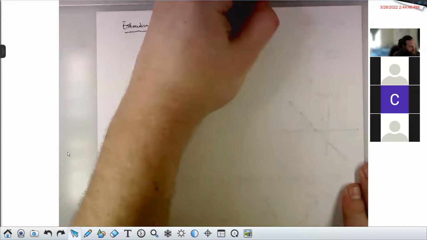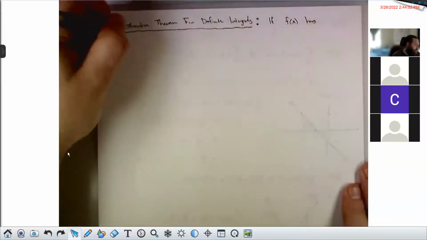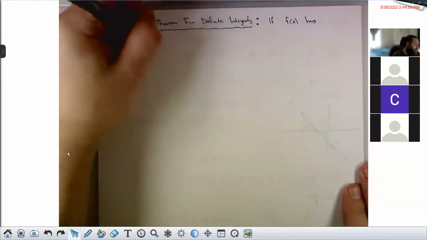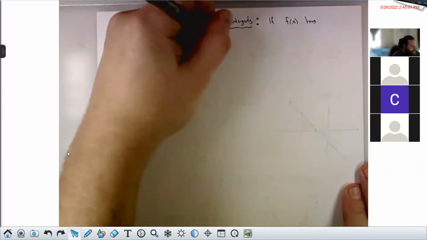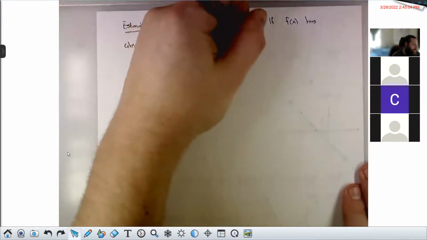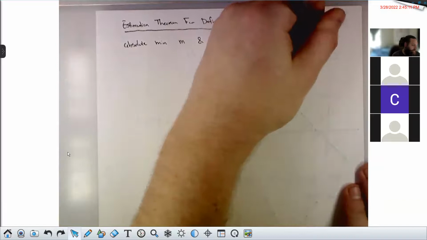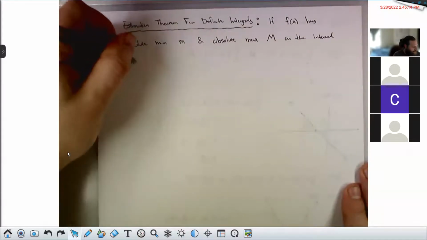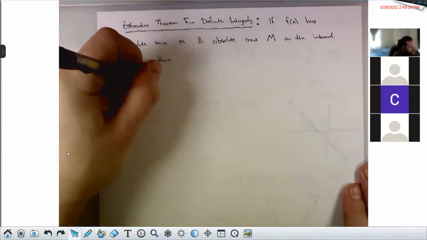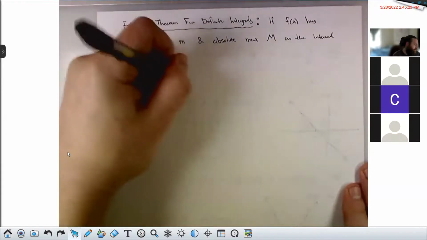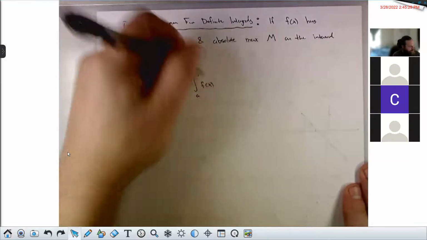And what it says is this: if f of x has absolute min little m and absolute max big M on the interval a to b, then little m times b minus a is the smallest possible value of the integral from a to b of f of x dx.